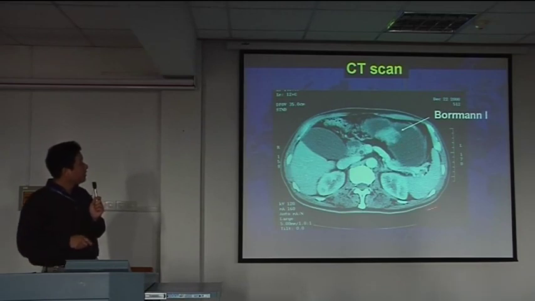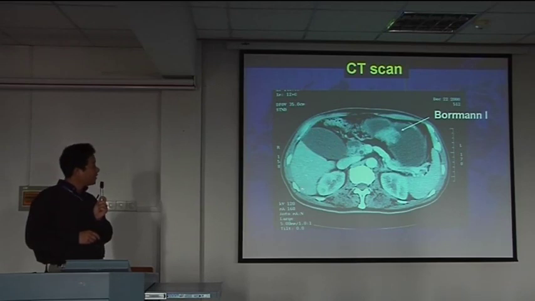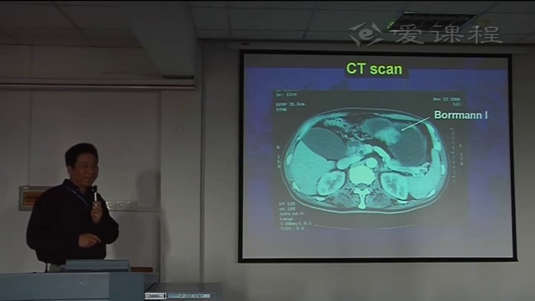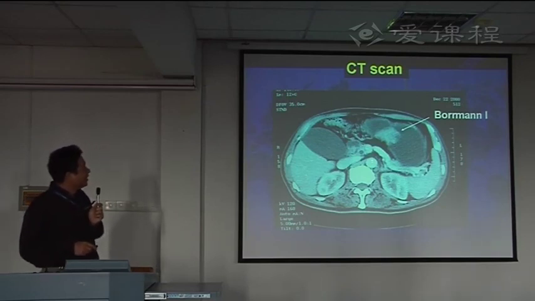This is a CT scan. Let's look at this. Liver. What's this? This is liver. What's this? Gallbladder. Gallbladder. Very interesting. So big, yeah.